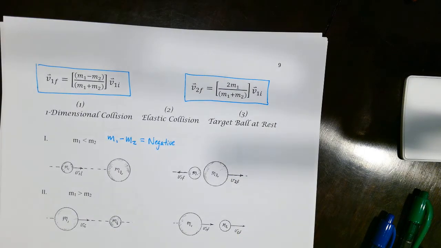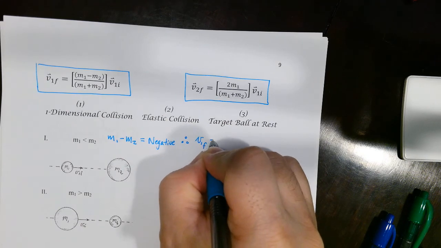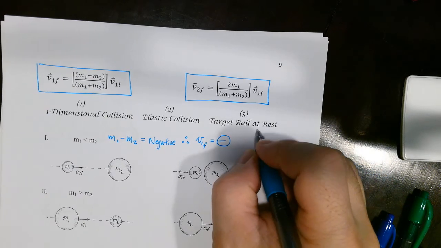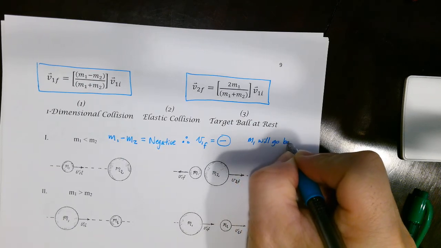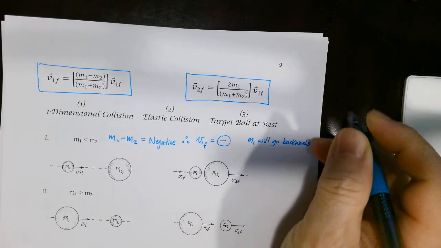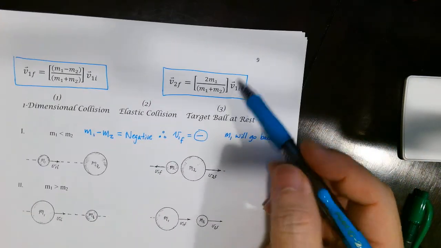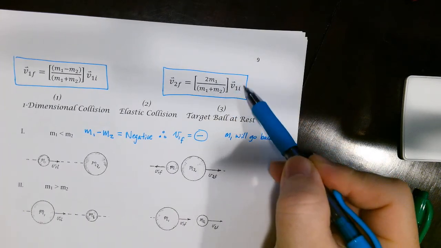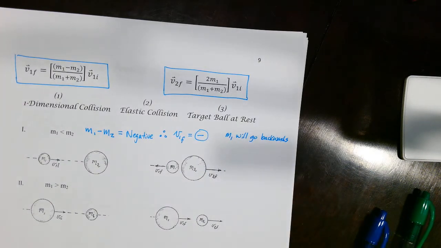Therefore, my V1 final will be negative. It means it will go backwards. However, here, this will always stay positive. V1 initial is positive, so my V2 final will always be positive. So that was easy, right?